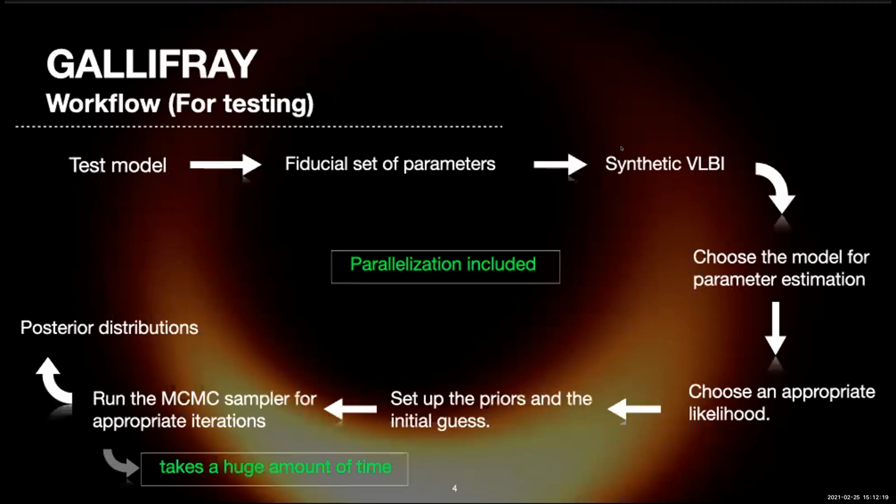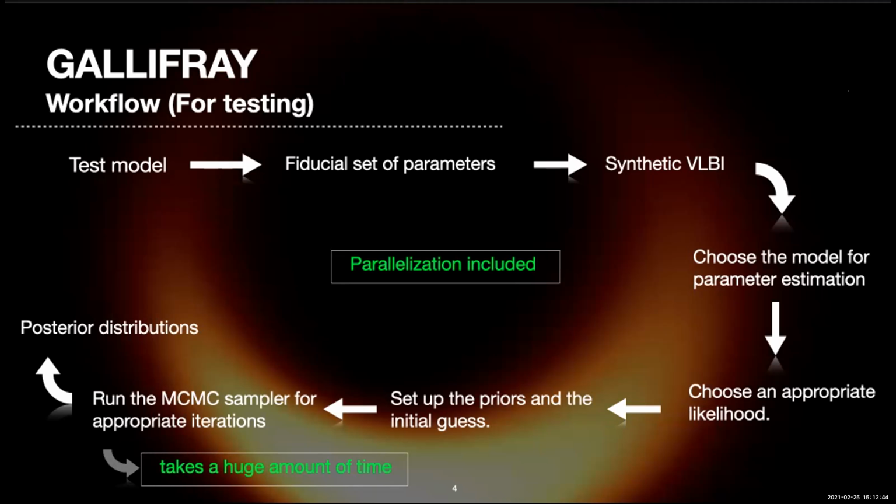This is the basic workflow for testing this library using simulated data sets. First we simulate some data sets. We choose a test model, for example a particular geometric model. Using some fiducial set of parameters, we construct synthetic VLBI data sets, for which we use the ngEHT imaging library.